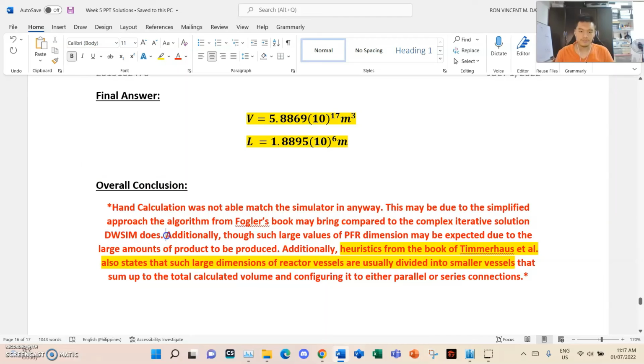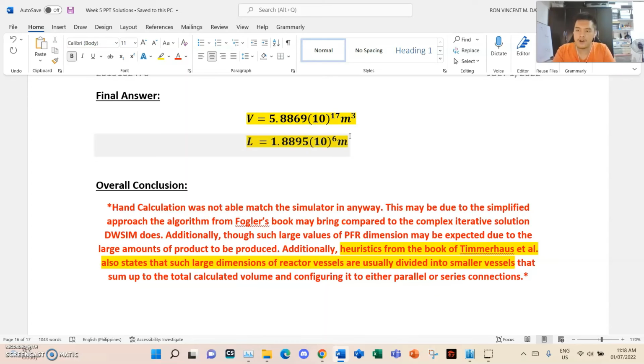Additionally, such large values of PFR dimension may be expected due to the large amounts of product to be produced. Heuristics from the book of Timmerhaus also state that such large reactor vessels are usually divided into smaller vessels that sum up to the total calculated volume, configured in either parallel or series connections. Taking note that this value may be unrealistic, let's take into account that we're talking about 45,000 tons per year of ethylene.